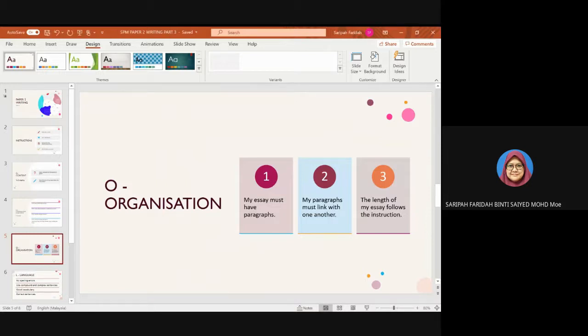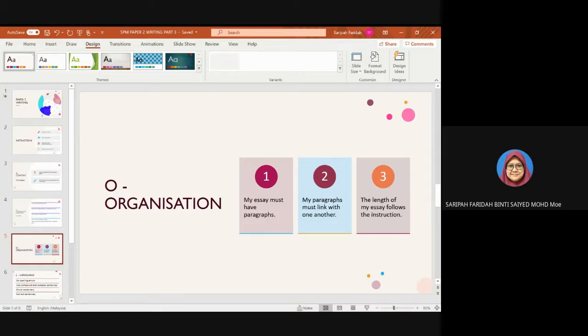Organization. Earlier we looked at content, and then communicative achievement, and now organization. So we look at your paragraphing. How the paragraphs are linked to each other with good and appropriate linkers.